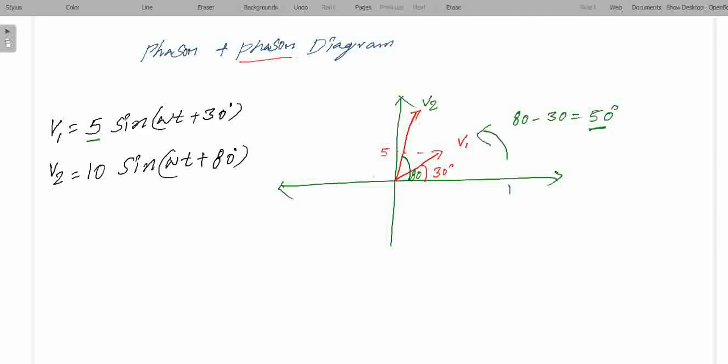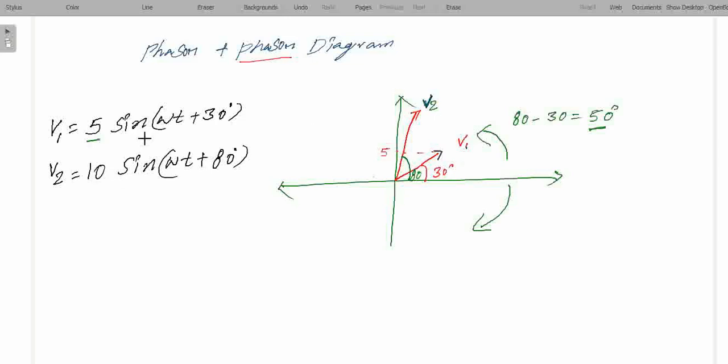If it moves in clockwise direction, that is called lagging. With respect to V1, V2 is on the anti-clockwise side, so V2 is leading with respect to V1. With respect to V2, V1 is in the clockwise direction, so V1 is lagging. Simply we can say V2 is leading or V1 is lagging.